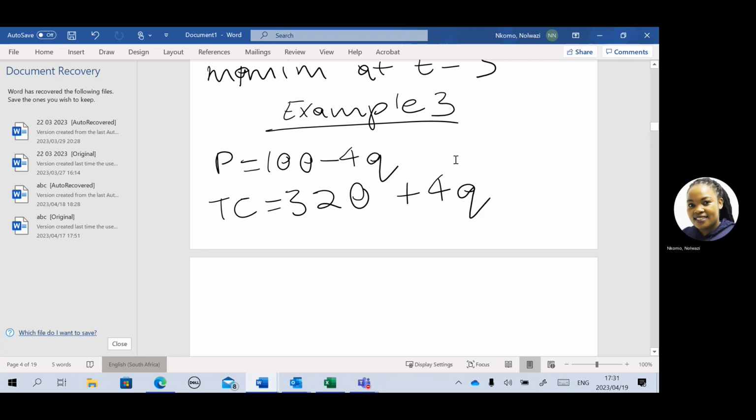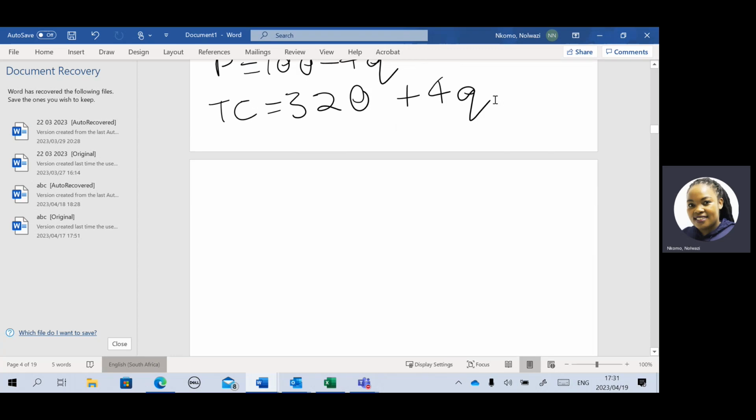From this information, from what we've been doing so far, even in our previous classes, you can find the break even.